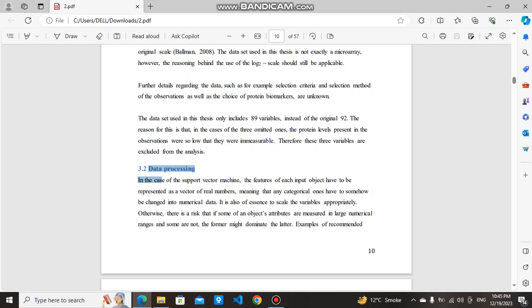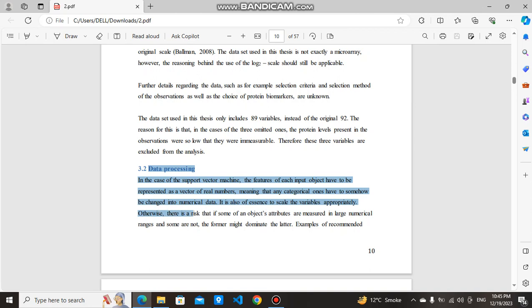Data processing. In the case of the support vector machine, the features of each input object have to be represented as a vector of real numbers, meaning that any categorical ones have to somehow be changed into numerical data. It is also essential to scale the variables appropriately.